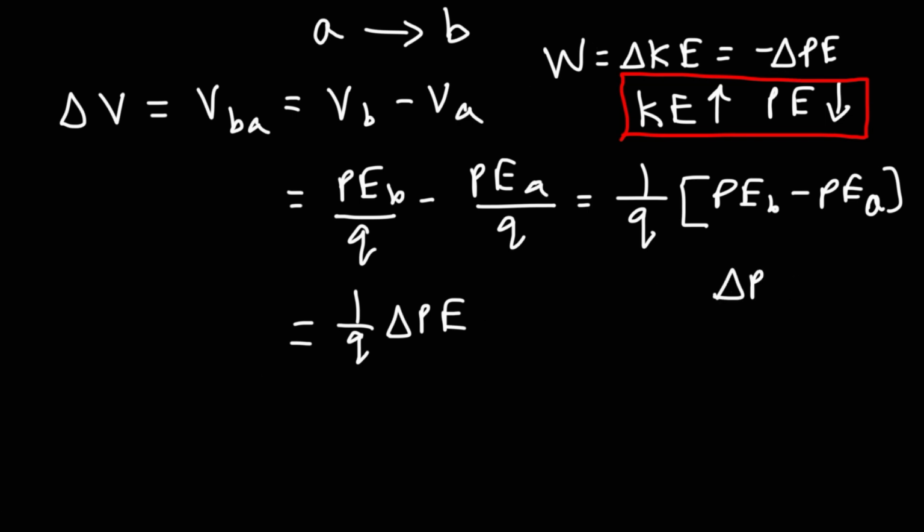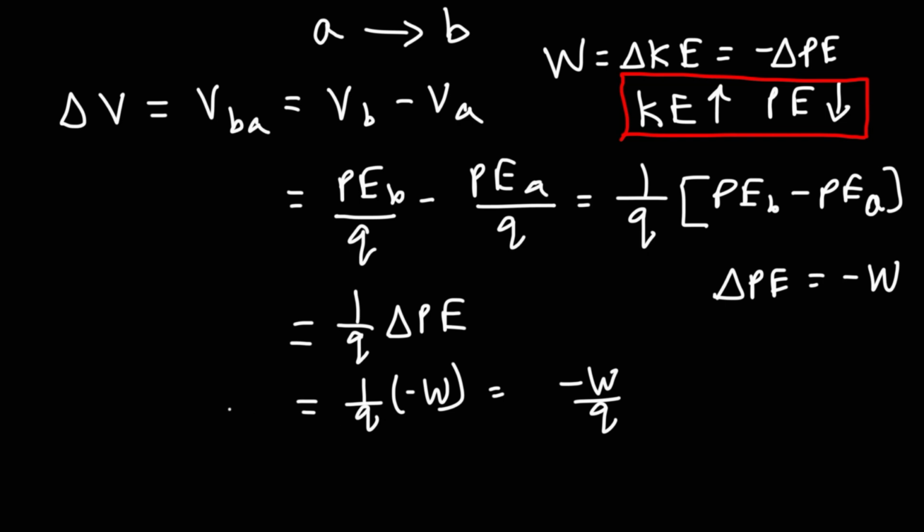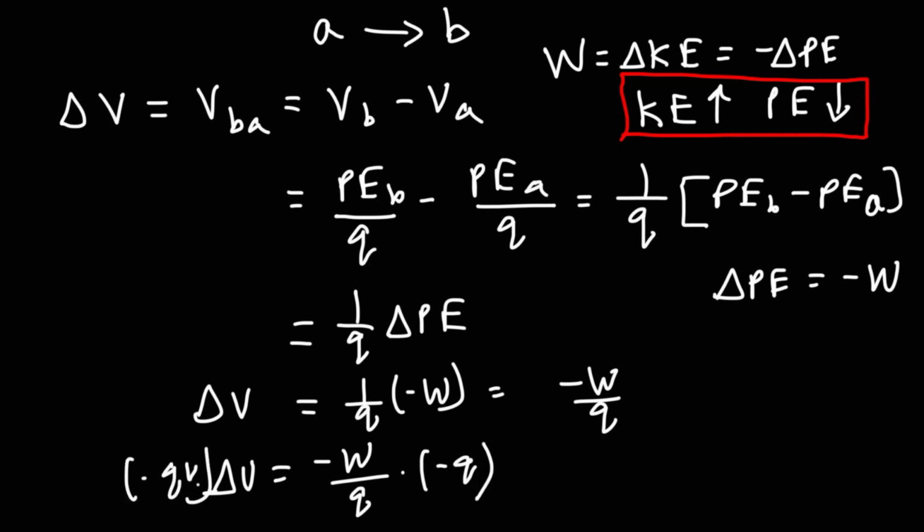So therefore, the change in potential energy is equal to negative W. So we have 1 over Q times negative W, which we can write as negative W over Q. And that equals delta V. So if delta V is equal to negative W over Q, we can multiply both sides by negative Q to get an expression for W. So the work done by a charge or on a charge as it moves through a certain voltage is this equation. It's negative Q delta V.